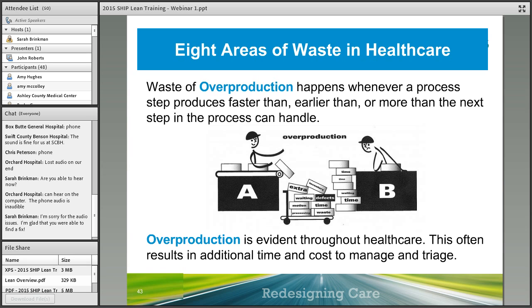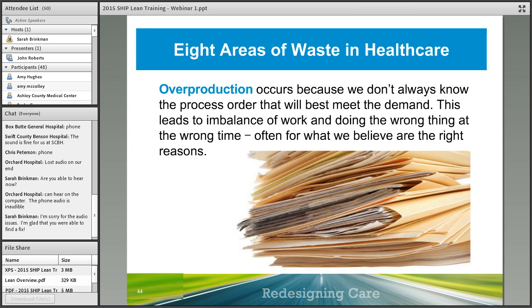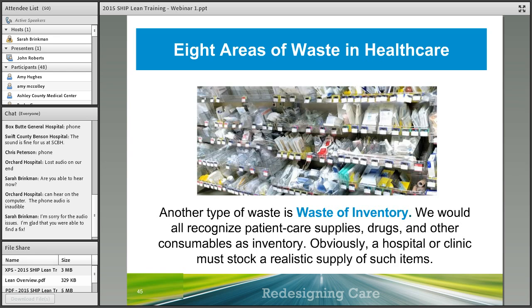So we're going to order extra diagnostic procedures just in case. And again, that would be a classic example of overproduction. Overproduction many times doesn't balance with the demand. It many times leads to an imbalance of work because we're doing the wrong thing at the wrong time. But many times we believe that we're doing it for the right reasons.